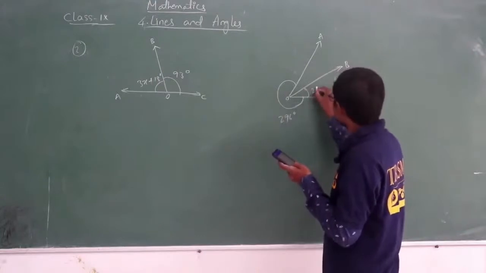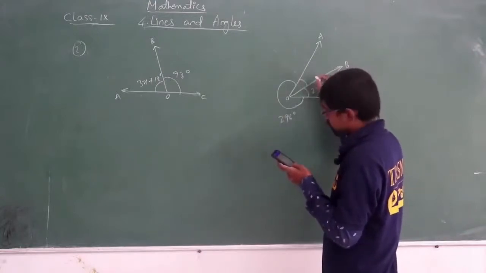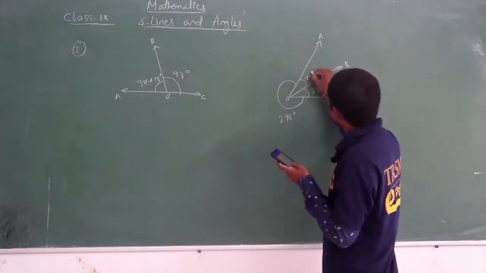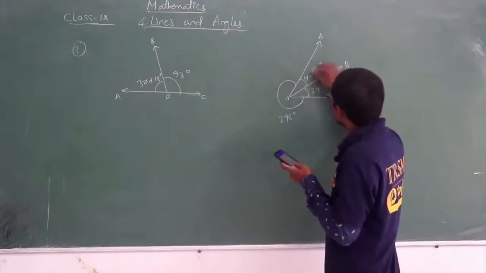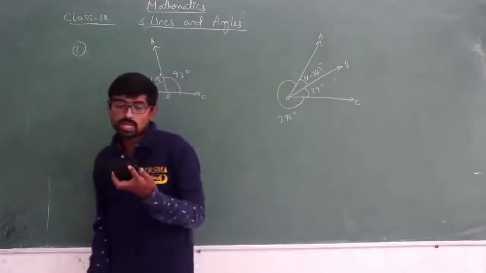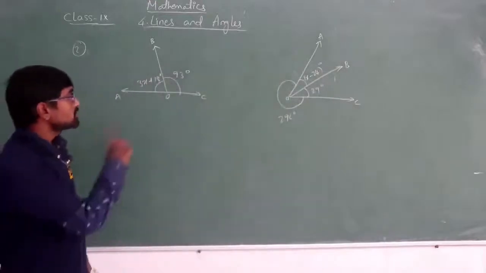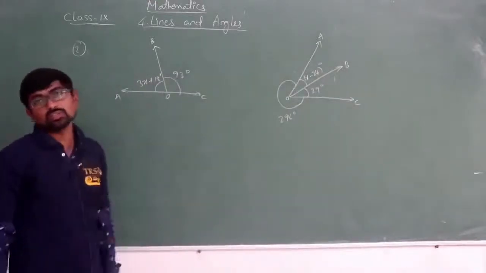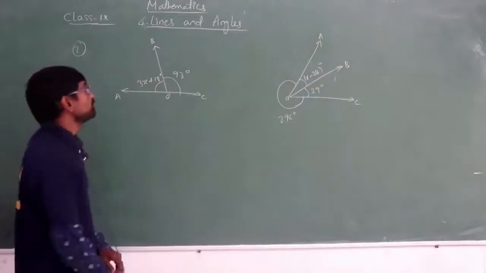This angle is 29 degrees. Again, in this bit you will be having 2 questions, okay. I am just discussing these 2 questions. You just try the remaining questions, okay.